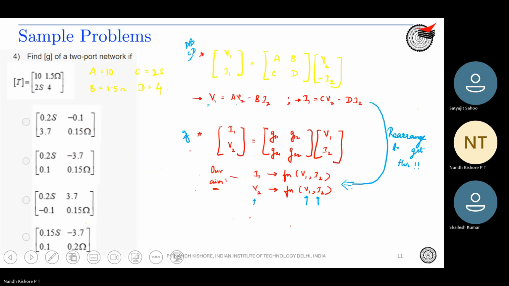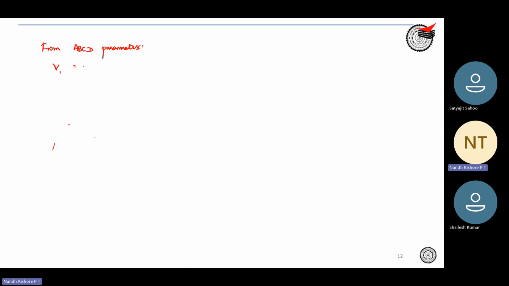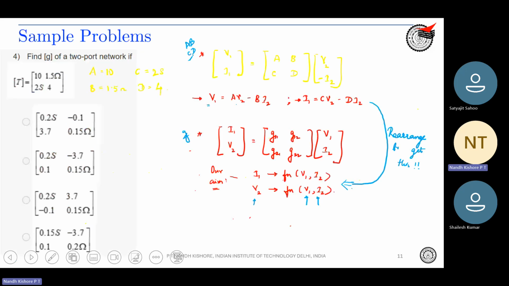Yeah. So from ABCD parameters, V1 is equal to AV2 minus BI2, right? So what I will instead do is write what is V2, because I require V2.